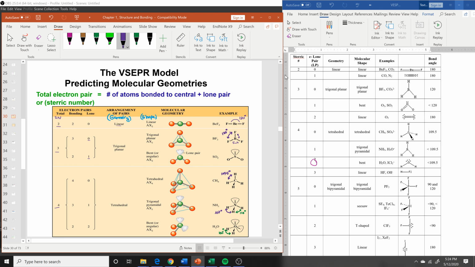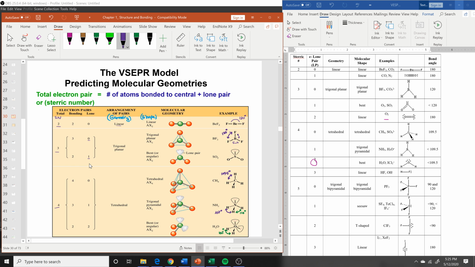Since you have only 2 groups in there, you don't have a chance to have a bond angle less than 120. There is no way. They have to be linear, 180 degrees in that case. So basically this is an exception. Probably this sheet does not cover the lone pair 2. So the lone pair 2 here should have basically a linear molecular shape.